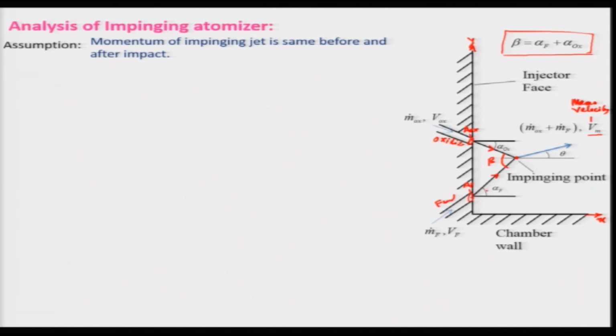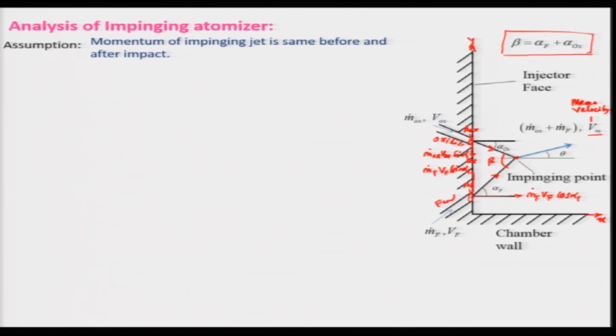If I resolve this momentum in the x direction, it will be m dot f, v f, cos alpha f, and in the y direction it will be m dot f v f sin alpha f. In a similar way, in this direction it will have a negative sign, and this will be m dot oxidizer, v oxidizer, sin alpha of oxidizer.